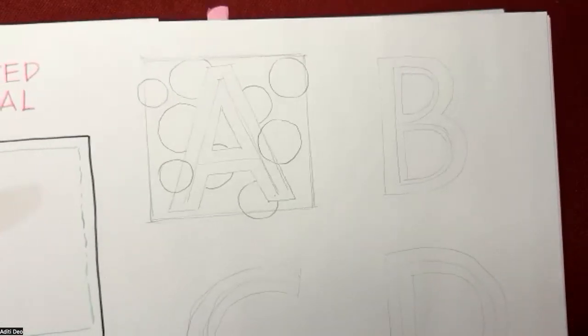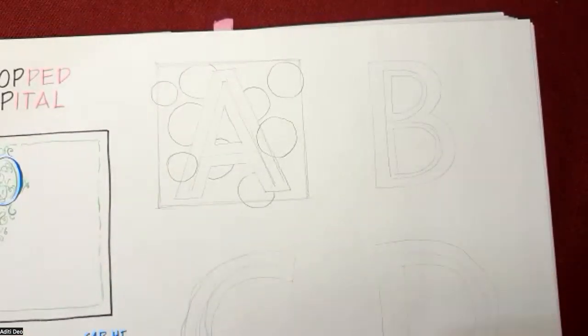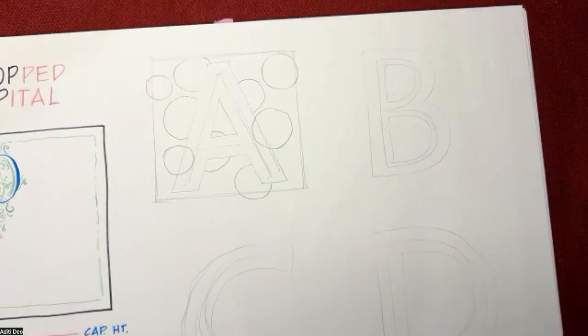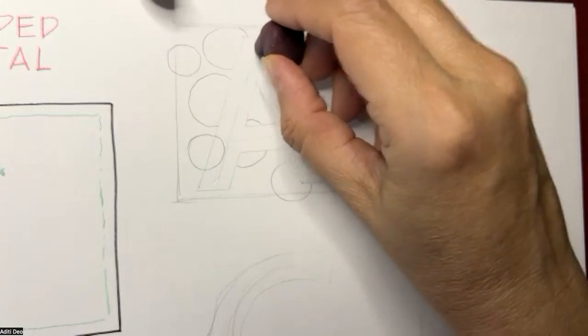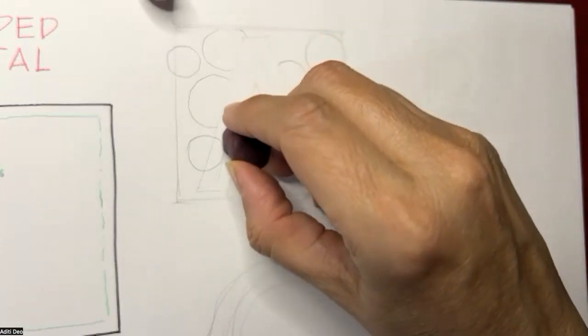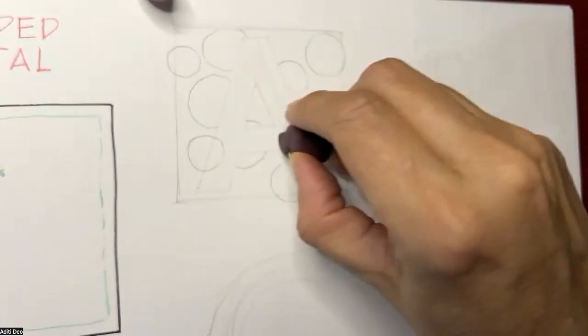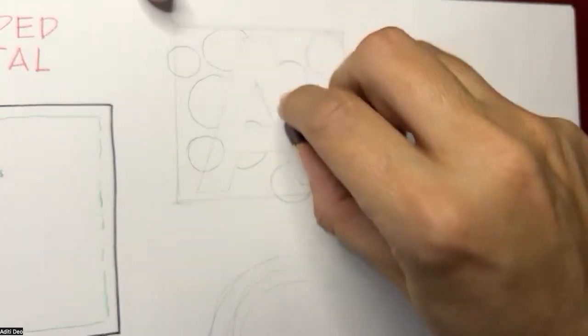Now inside all these circles, we are going to make some design. But before we make the design, here is where you can erase a few lines. First, we will erase the skeleton. Now we don't need the skeleton anymore.